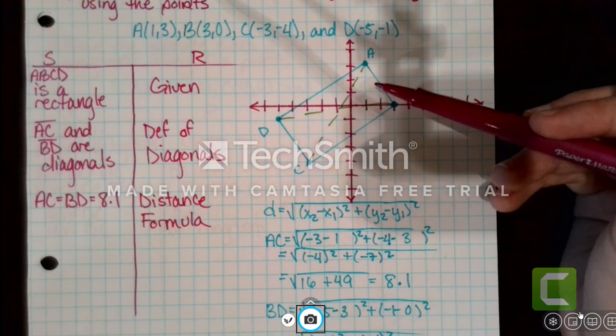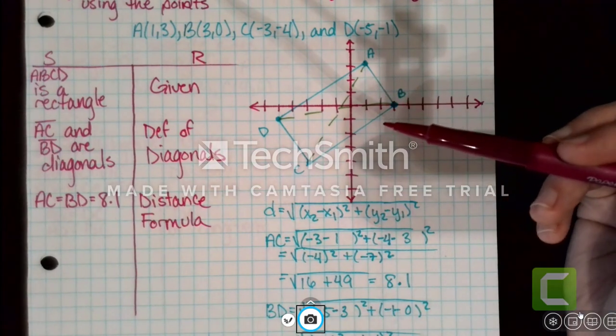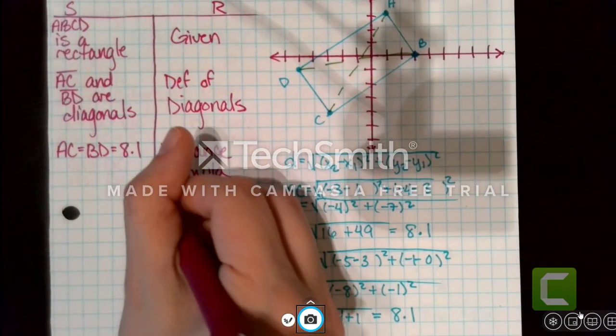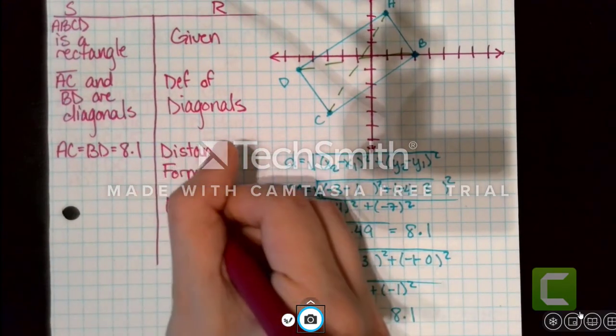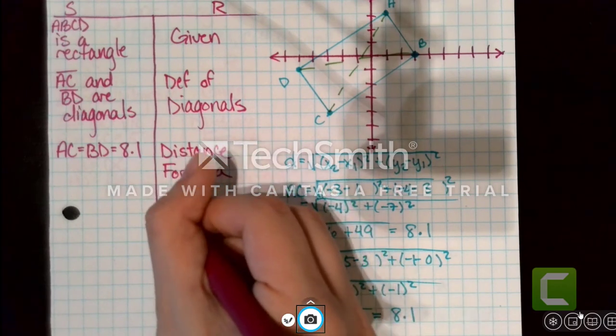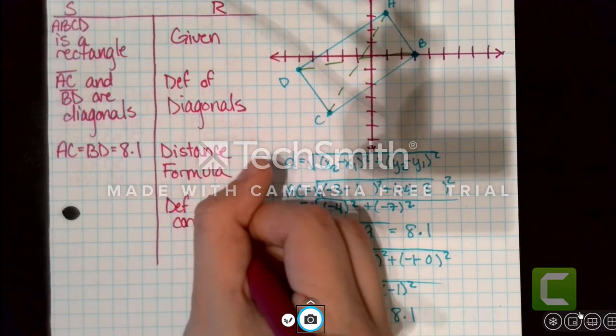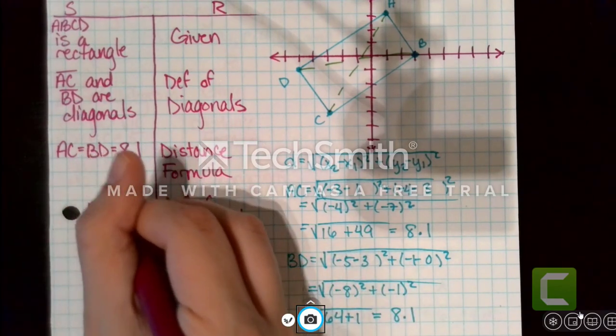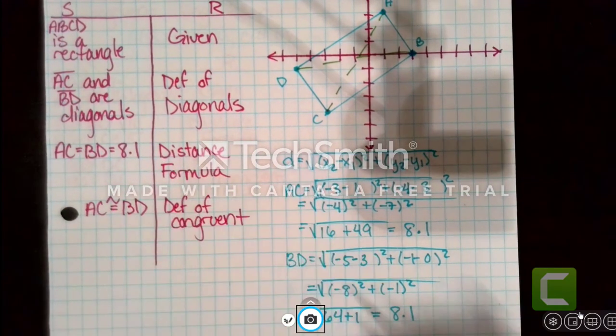Since we've just proven that their measurements are equal, then by the definition of congruent, that must mean that AC is congruent to BD. And that's how you solve the properties of special quadrilaterals.